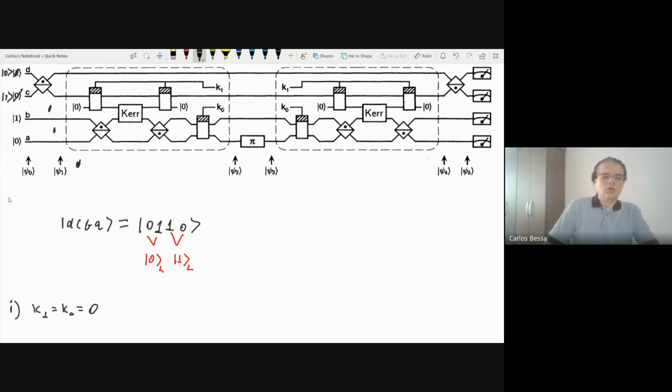So when K is 0, remember from the paper, K0 or K1 goes to 0. Right this way, like in the paper. So this, the classical switch.